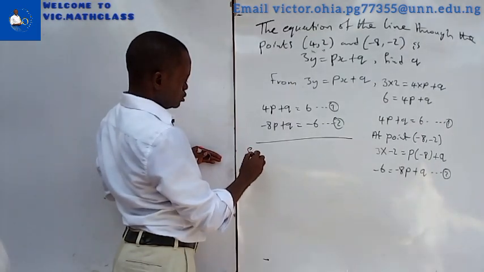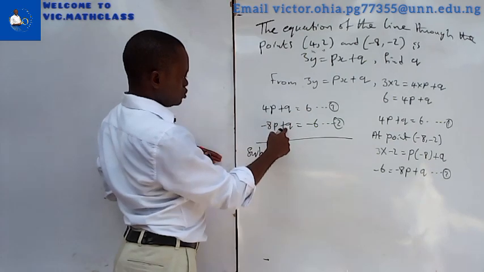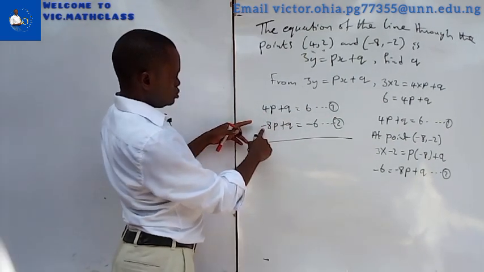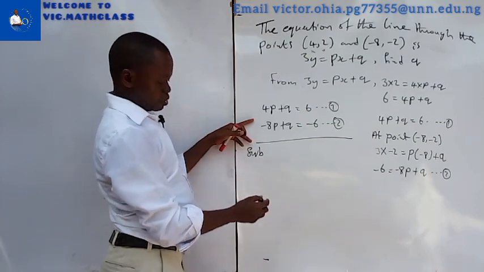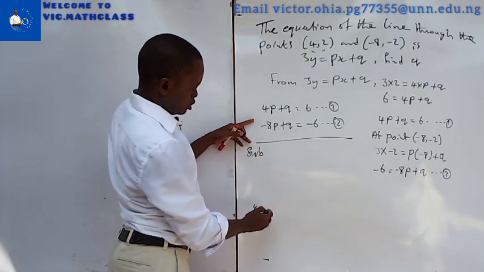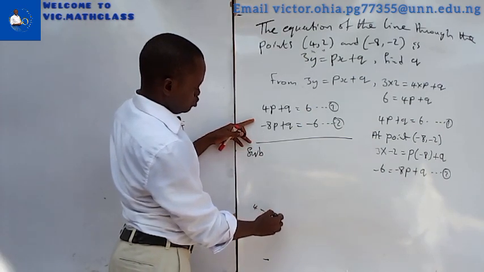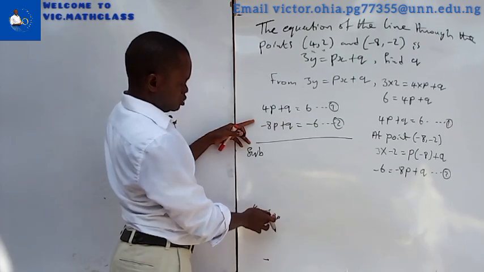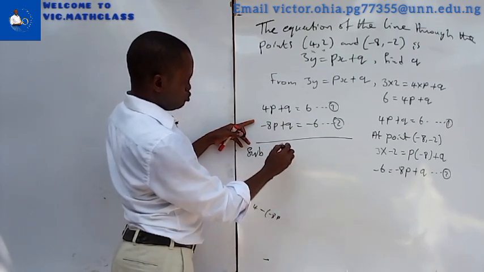So let me subtract. If I subtract, this minus this will vanish. Take note of what I'm saying. 4p minus -8p, so this is going to become plus here. So we are going to have 12p.